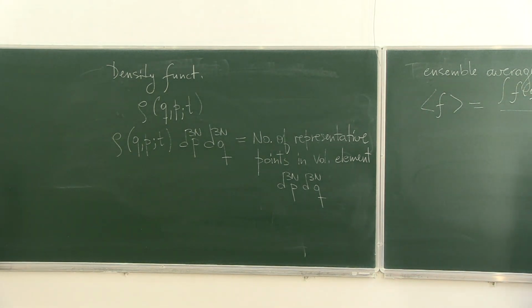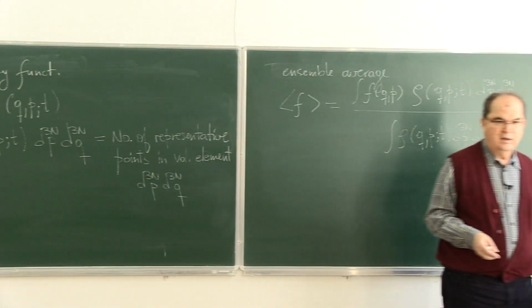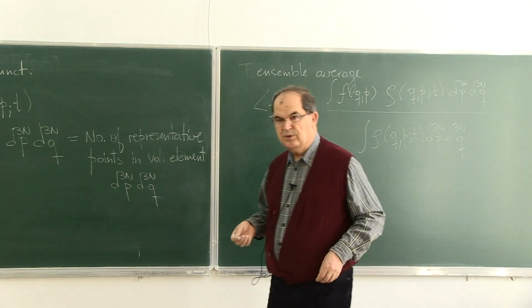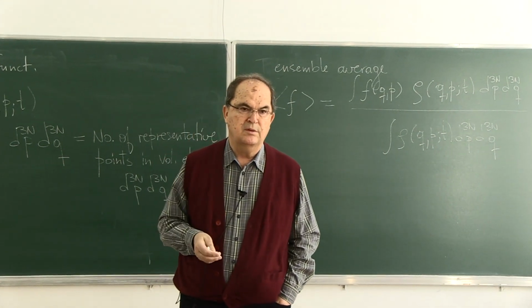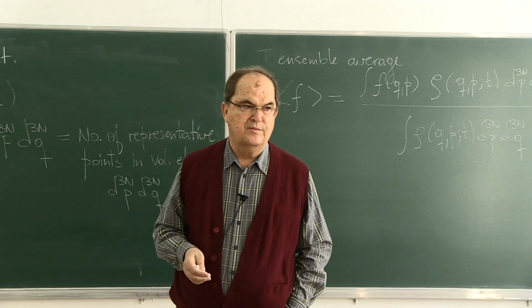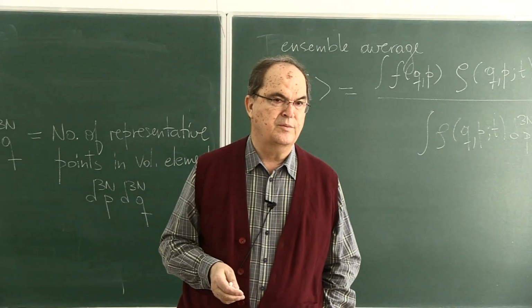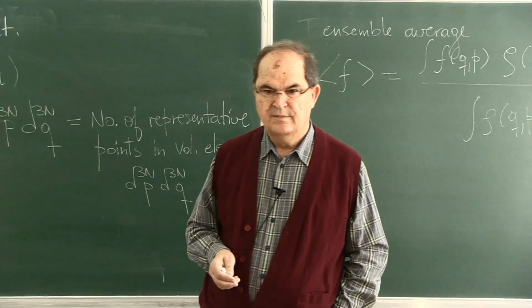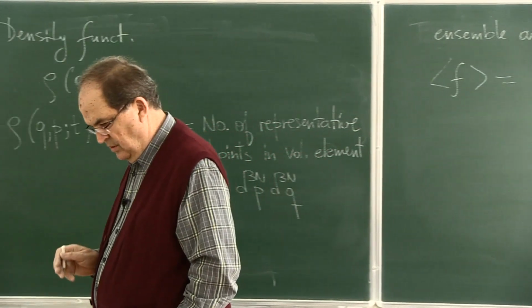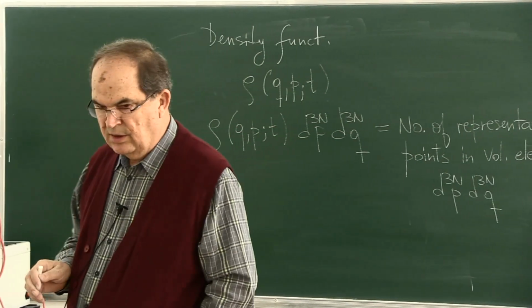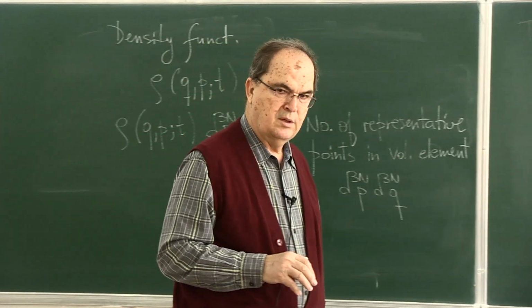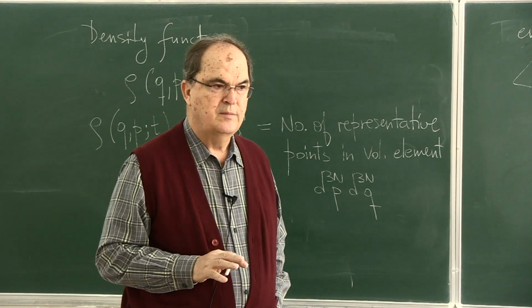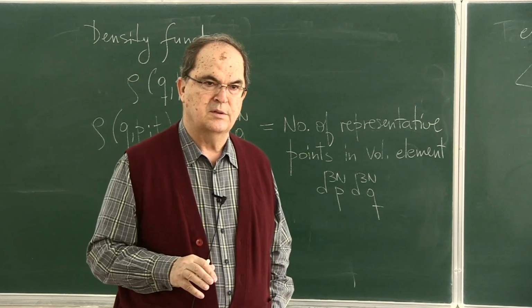And if you are dealing with the canonical system, of course, it will be proportional to e to the minus beta H, the Hamiltonian, just like the Boltzmann factor we have found for the probability. I'm going to do both cases, but today I'm going to concentrate on the microcanonical systems.